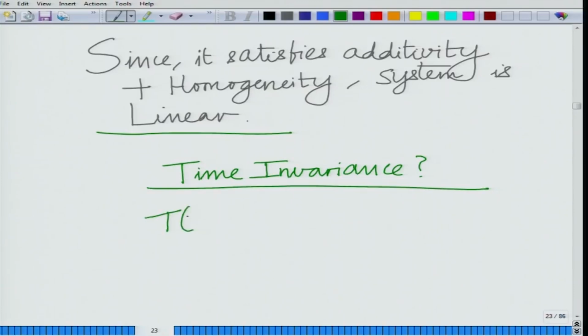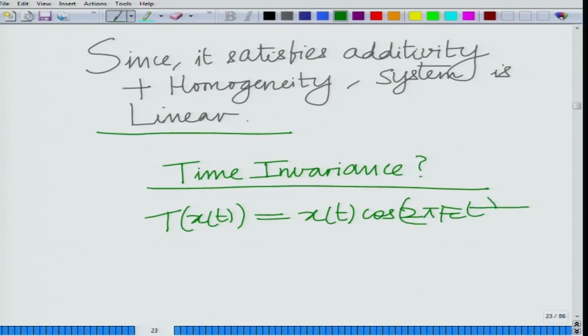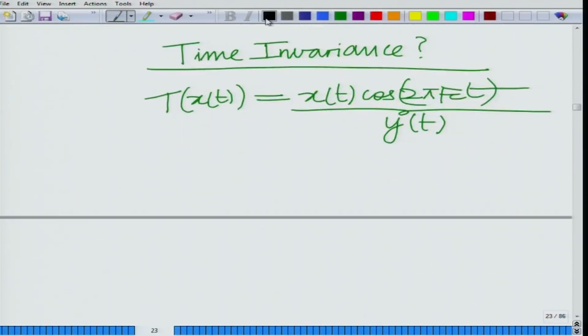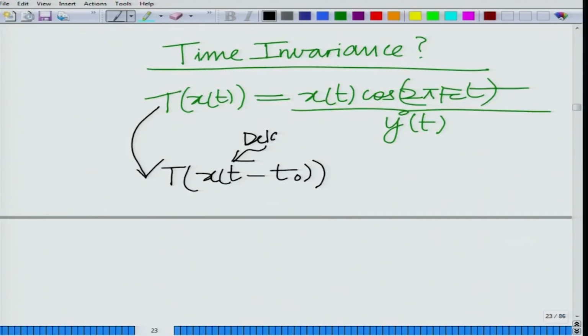To address that, let us look at T of x(t), that is equal to x(t) cosine 2 pi fct. This is your y(t). Now, for time invariance, we have to consider a delayed or shifted input, x of t minus t naught. This is your delayed input.